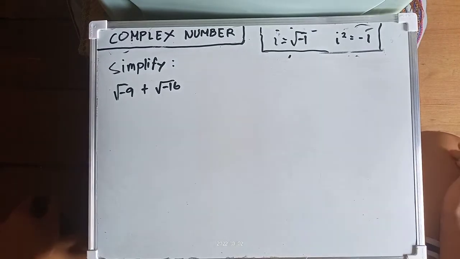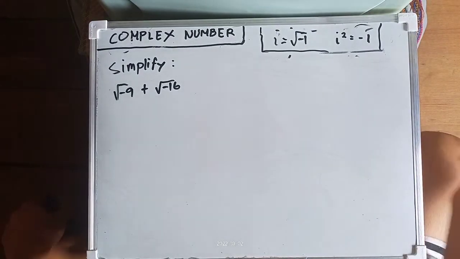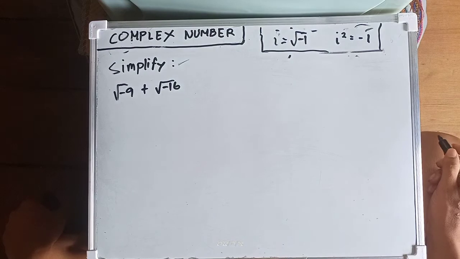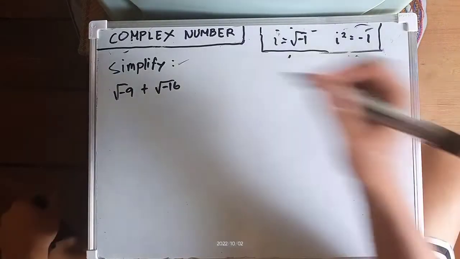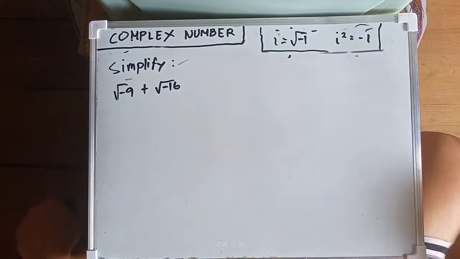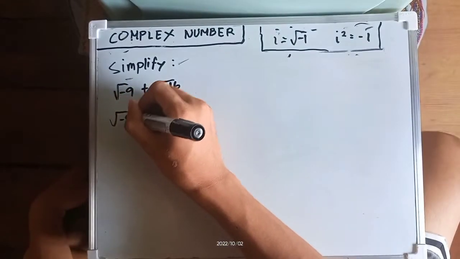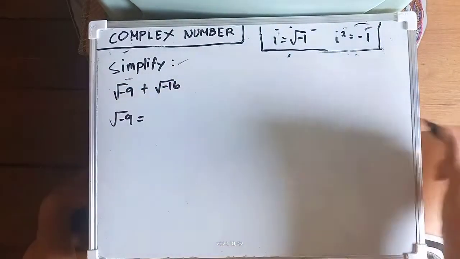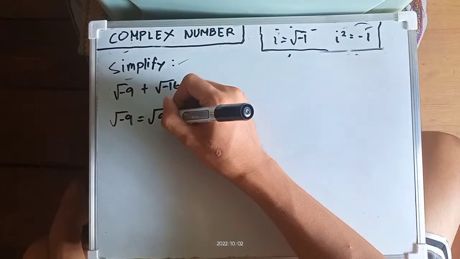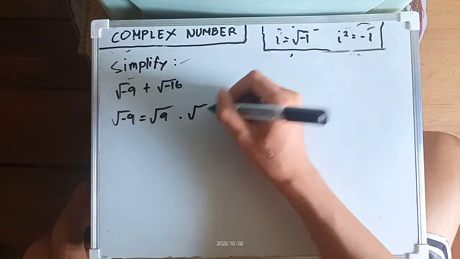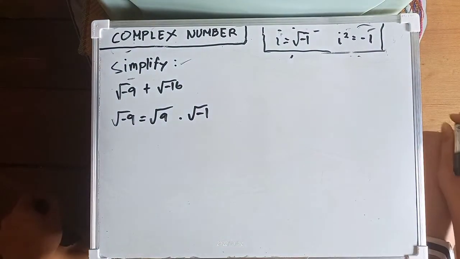Let's have an example. Simplify the square root of negative 9 plus the square root of negative 16. First step, we solve this first. The square root of negative 9 is equal to the square root of 9 times the square root of negative 1, because of the radical rule.